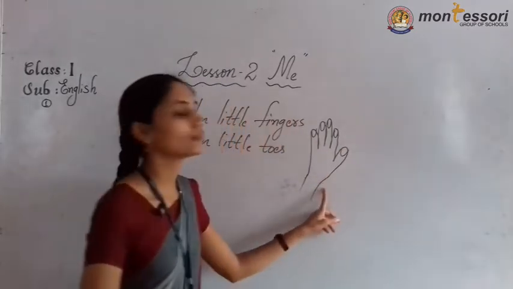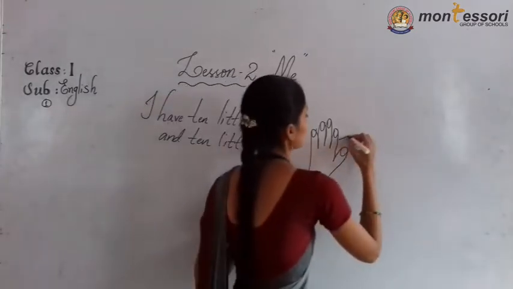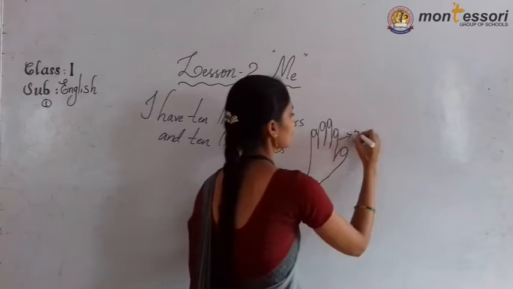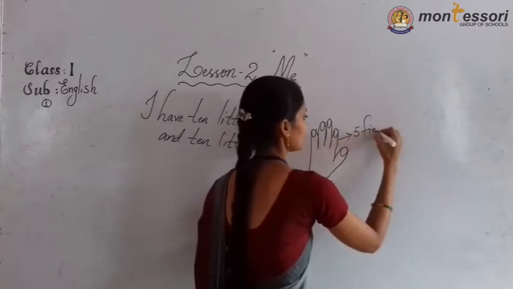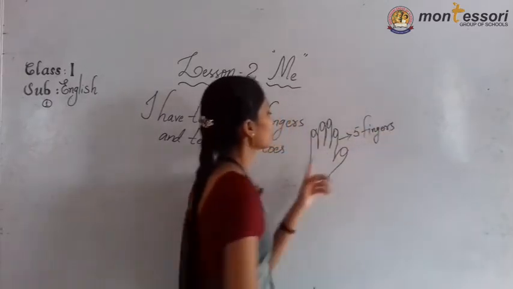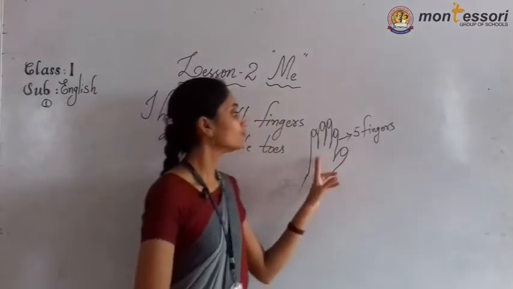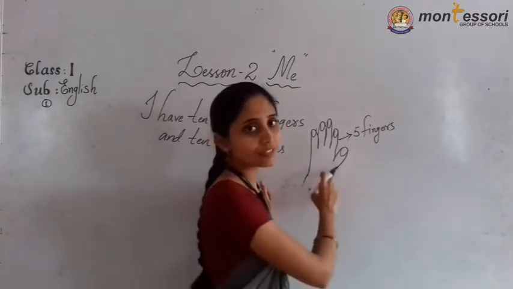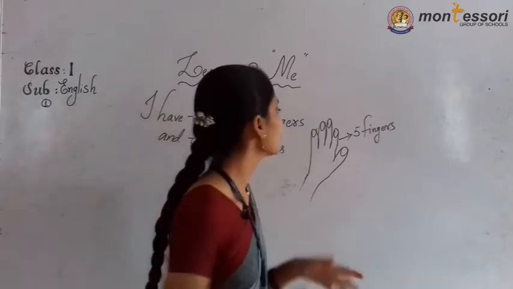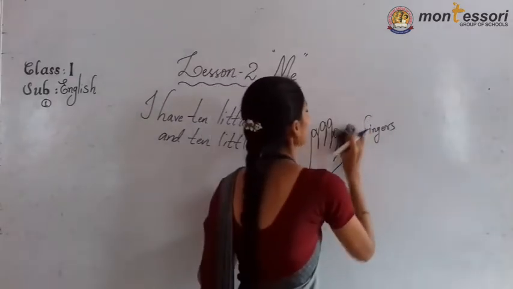This is our hand. My hand. It consists of 5 fingers. Now, shall we know the names of that fingers? Yes. First one.